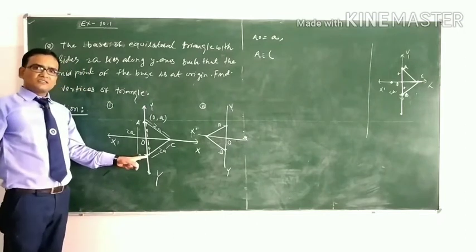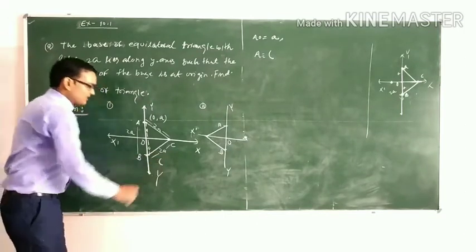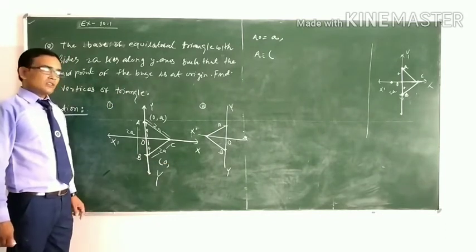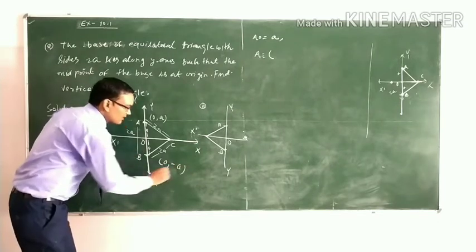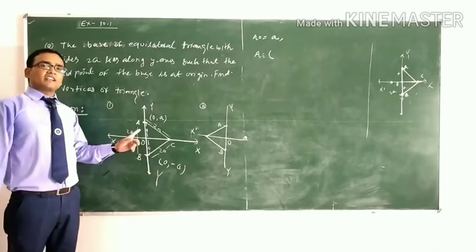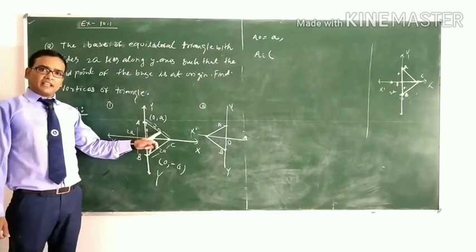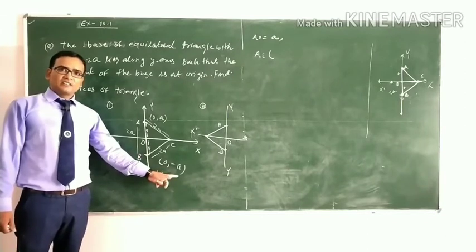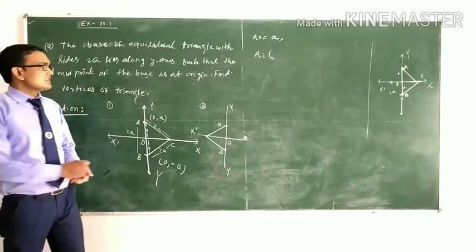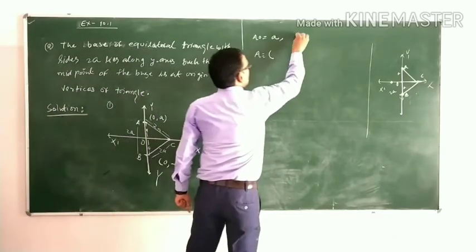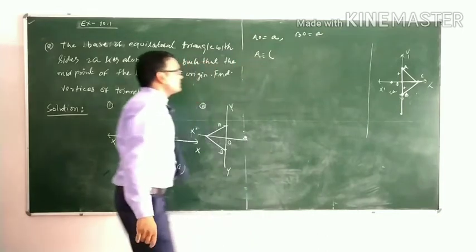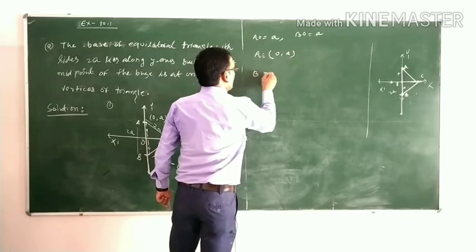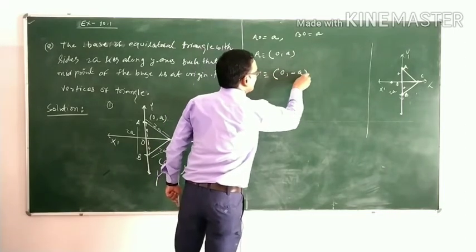And here the coordinate of B, abscissa is 0 and ordinate is minus a. Then finally we find the coordinate of point A, 0 comma a, and coordinate of point B, 0 comma minus a. Okay students, you are satisfied? That means BO equals a also, then coordinate of A is 0 comma a and coordinate of B is 0 comma minus a.